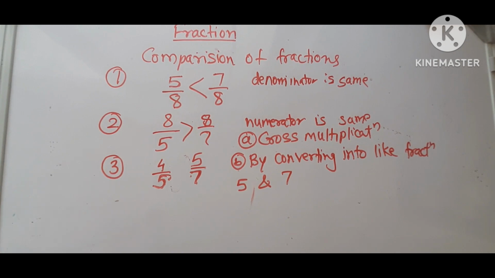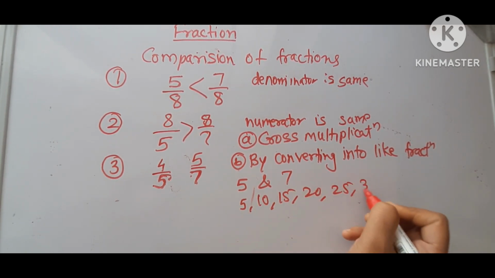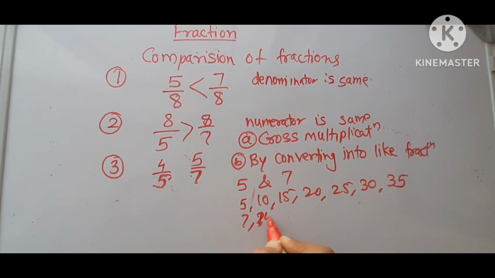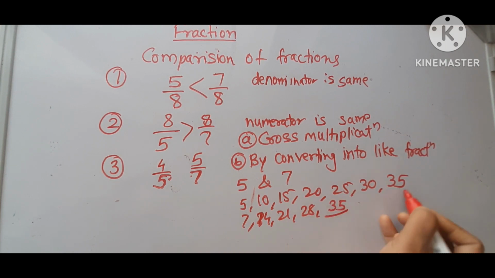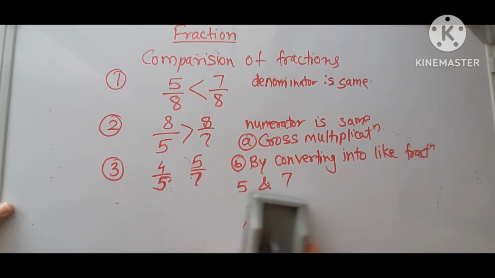LCM is the least common multiple. The multiples of 5 are 5, 10, 15, 20, 25, 30, 35, and the multiples of 7 are 7, 14, 21, 28, 35. Which is the least common multiple? 35. The LCM of 7 and 5 is 35.